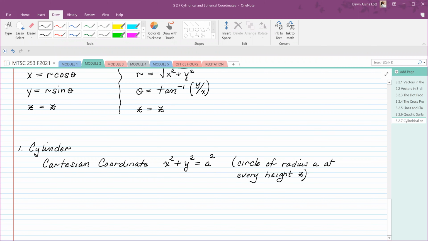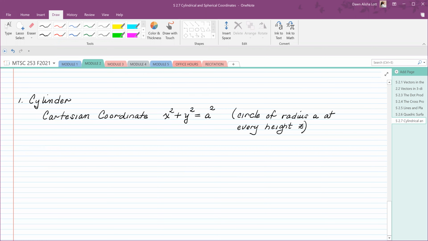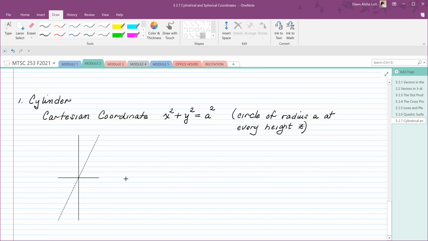So just think of a soda can, okay? So when I draw my cylinder, I have a circle of radius a. It's a pretty bad circle. And then this circle of radius A is duplicated all the way up.